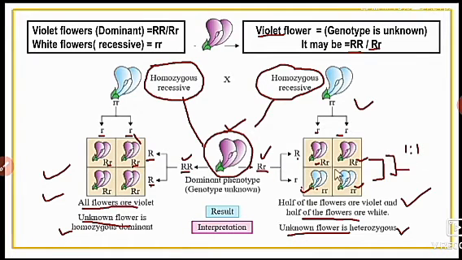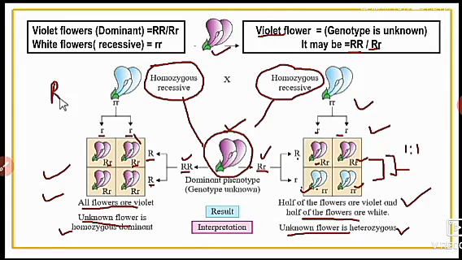For the graphic representation of the test cross, the recessive parent is crossed to find out the unknown genotype. If we get 1:1, then the dominant phenotype is capital R small r, and therefore purple flowers are produced.